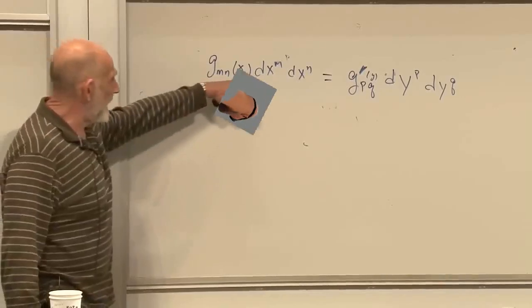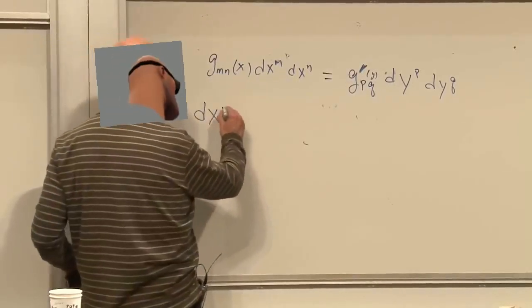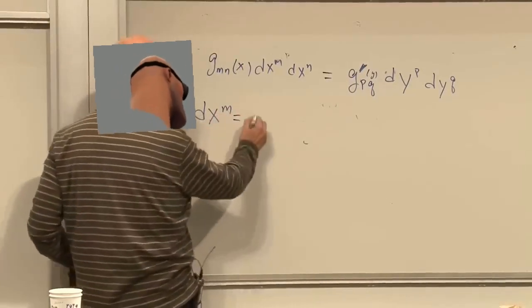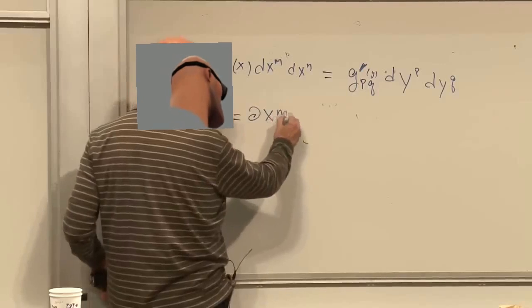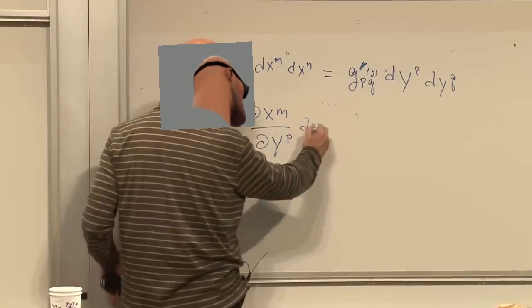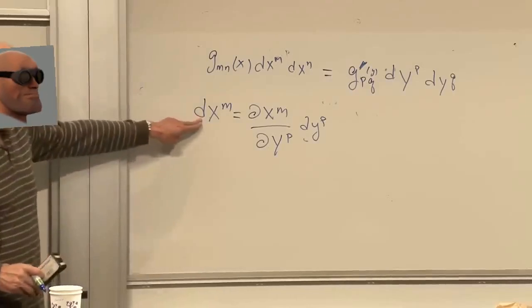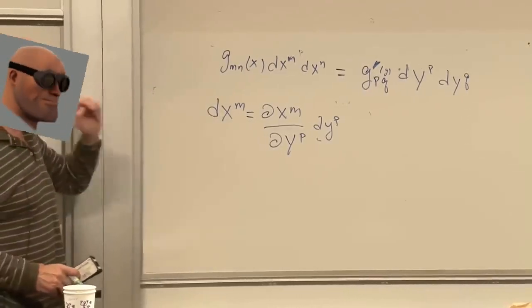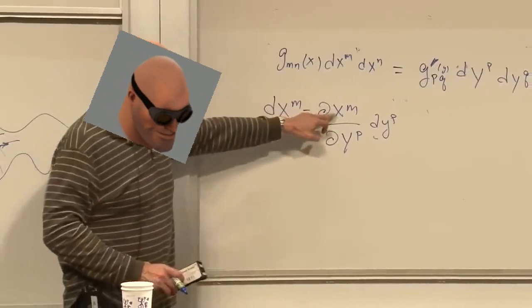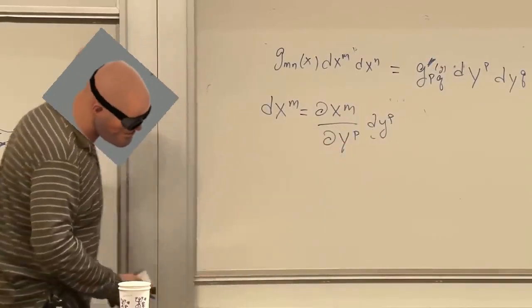Okay, let's rewrite this by writing that dxm is equal to the partial of xm with respect to yp, dyp. A little differential element of x separation is the derivative of x with respect to y times a little change in y.